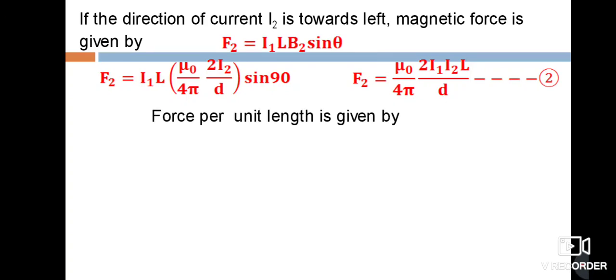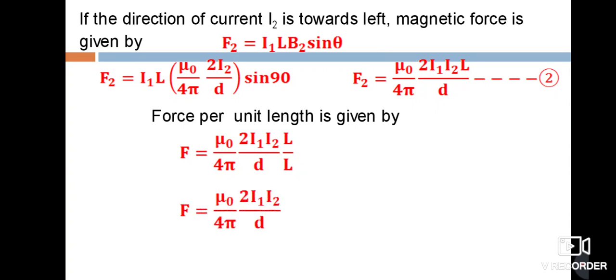Then the force per unit length will be given by F divided by L is equal to mu naught by 4 pi 2 I1 I2 L divided by d, whole divided by L. So L cancels, and our equation is F is equal to mu naught by 4 pi 2 I1 I2 divided by d.